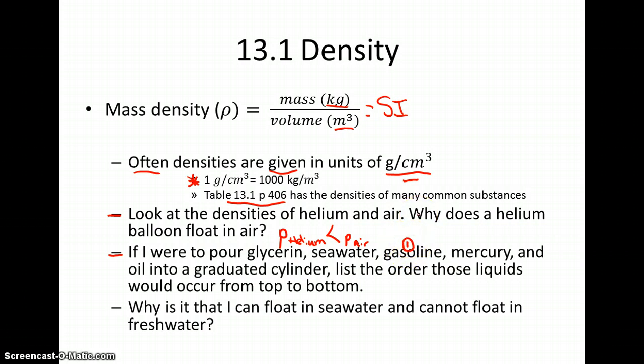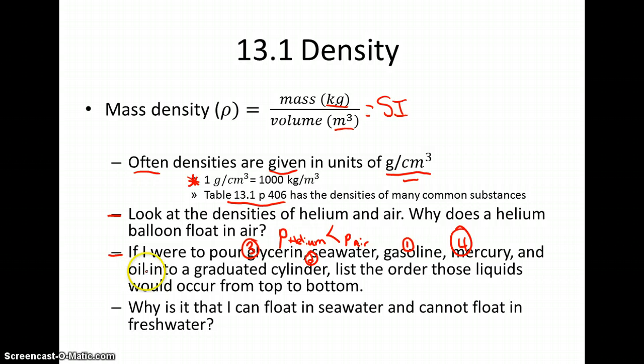After gasoline, let's see, I've got water, plain old water, but I didn't list that here. Next, I've got seawater, and so seawater is going to be the second one, right? It's the next most dense after gasoline. And then I get glycerin, right? Will be my third one, and mercury will be my last one.